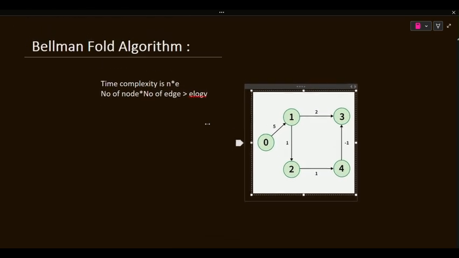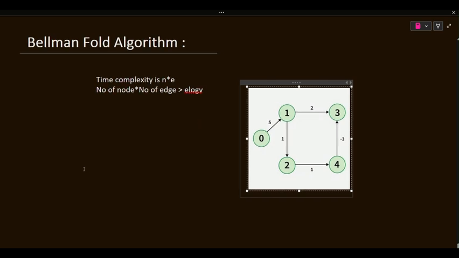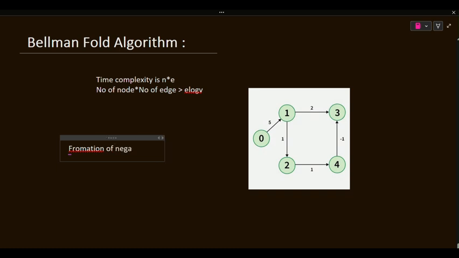Now, when you are considering the negative edges, there may be a possibility of formation of a negative cycle. If the graph contains negative cycles, then we can't find the shortest path between the nodes.